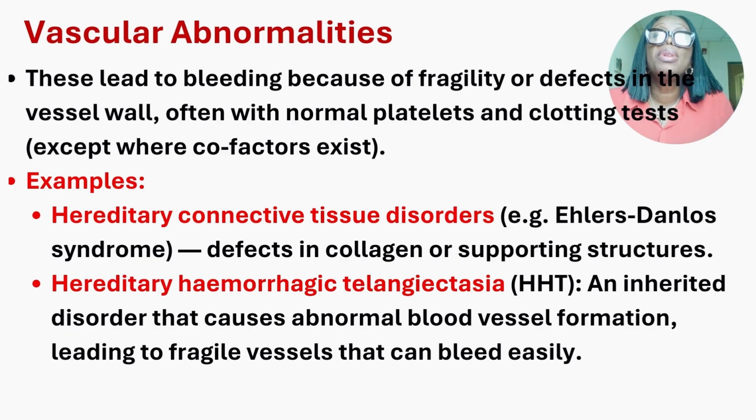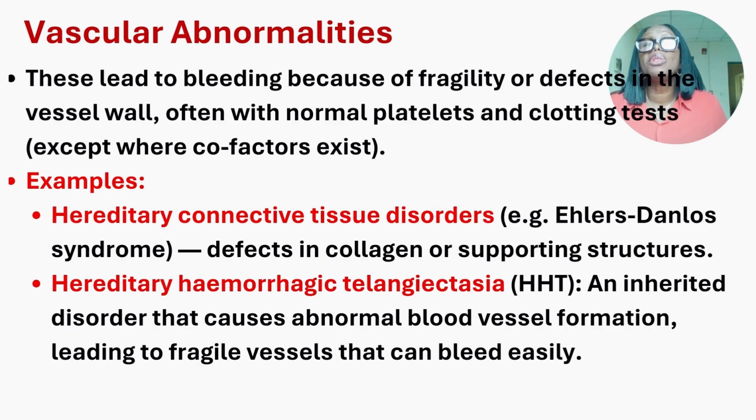This leads to bleeding because of fragility or defect in the vessel walls. With this type of abnormality, coagulation factors and platelet count will be normal in both quantity and quality, showing that the problem has nothing to do with platelets or coagulation factors, except where those things are coexisting.